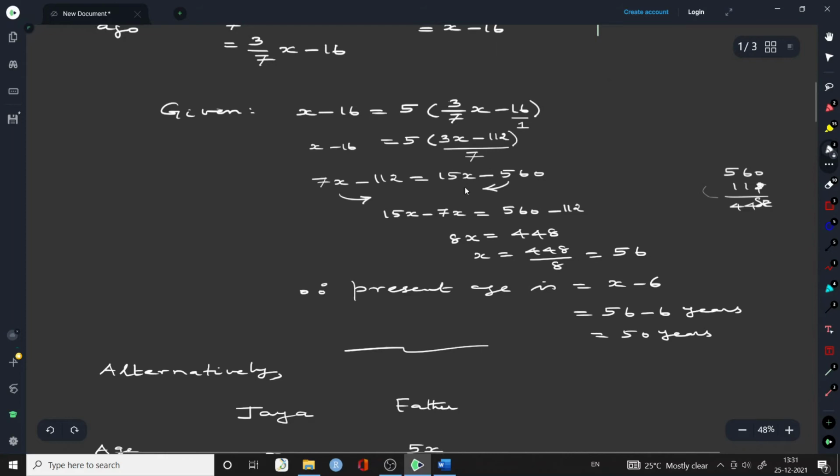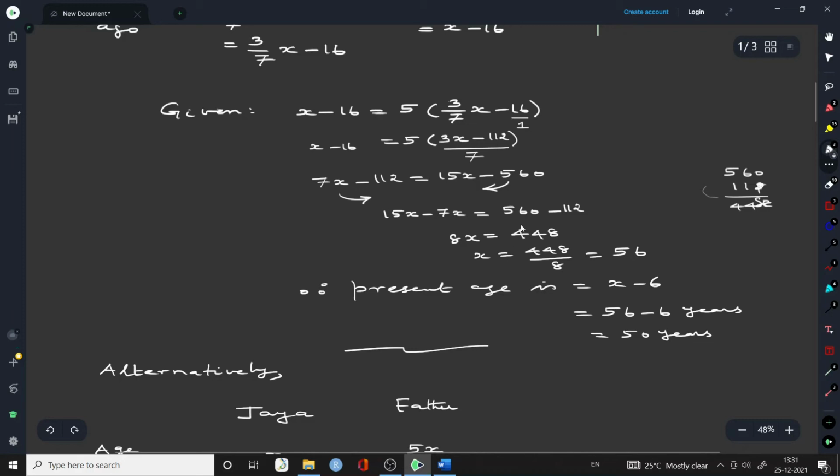Now what we do here is we take all x's to one side and all numbers to the other side. So 15x, you keep 15x on one side, you push 7x to the other side so that 7x becomes minus 7x. So 15x minus 7x. You push minus 112 to the other side so that it becomes plus 560 minus 112.